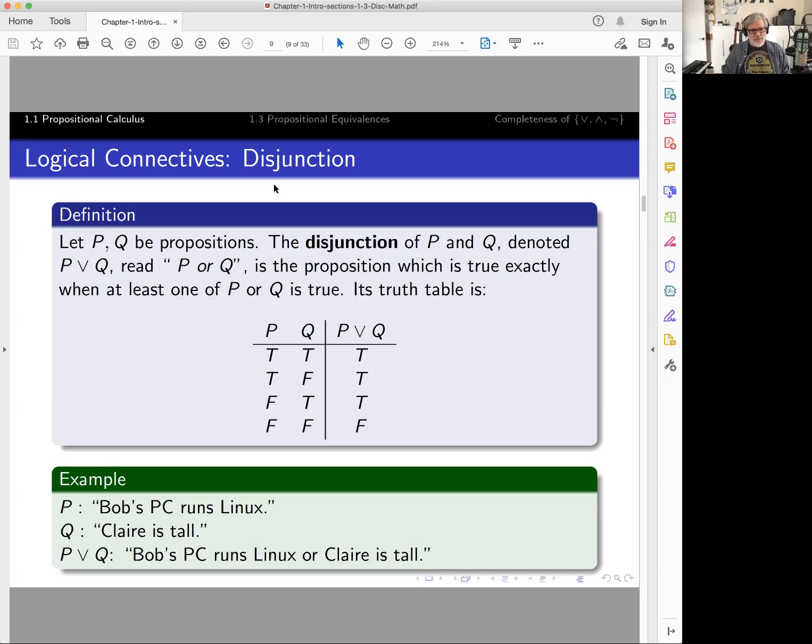And I give an example in natural language, and notice that the last sentence, although, I mean, we're talking about a PC running Linux and the height of somebody in the same sentence, it's sort of a bit weird. But in natural language, often or means either that, but not both. Okay, which is not the case here.